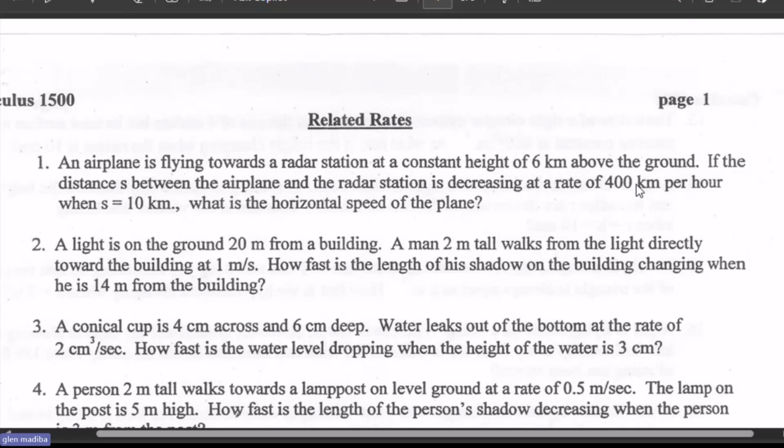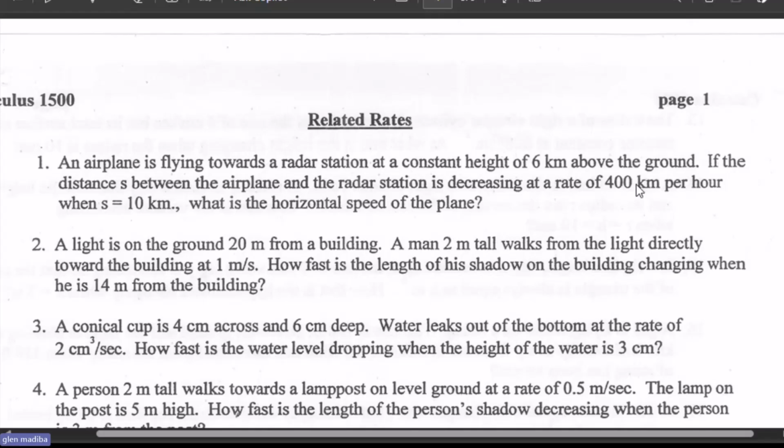If the distance S between the airplane and the radar station is decreasing at a rate of 400 kilometers per hour when S is 10 kilometers. I pause there before the comma.